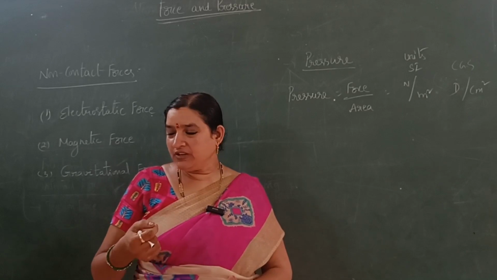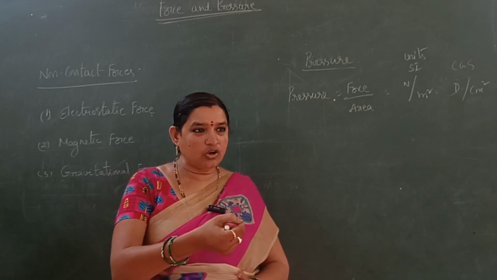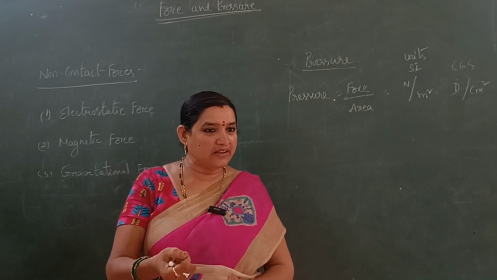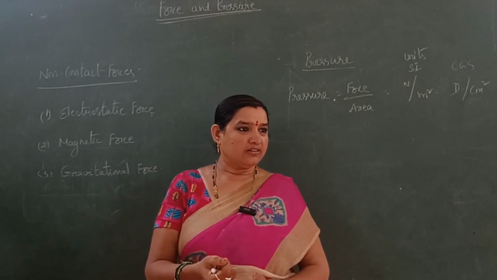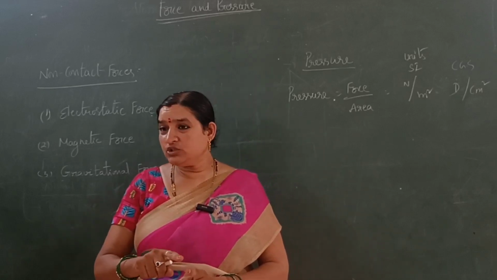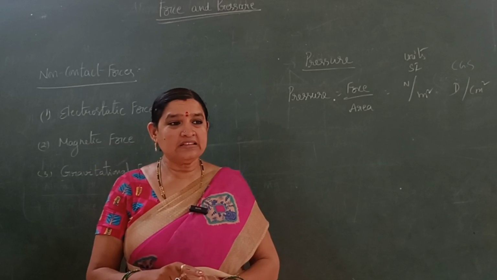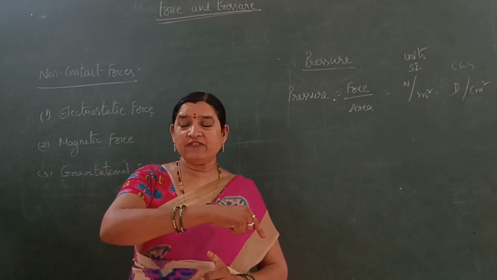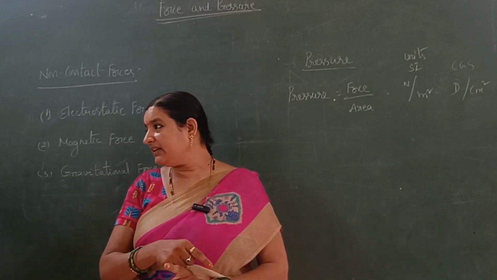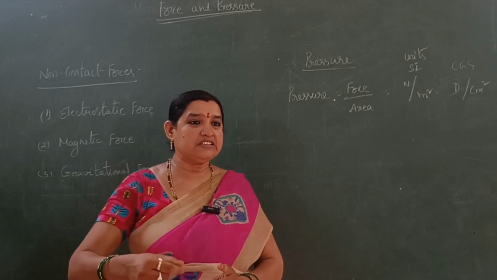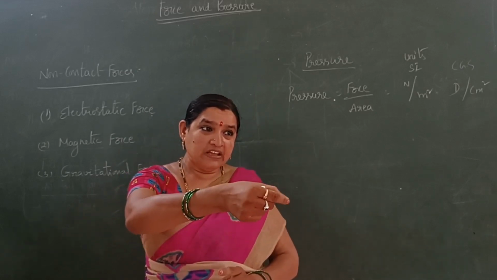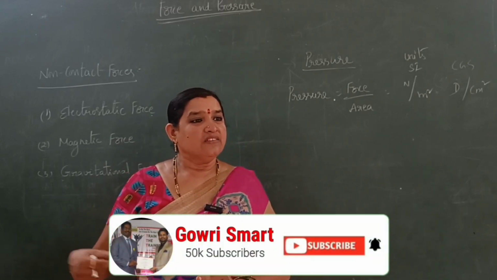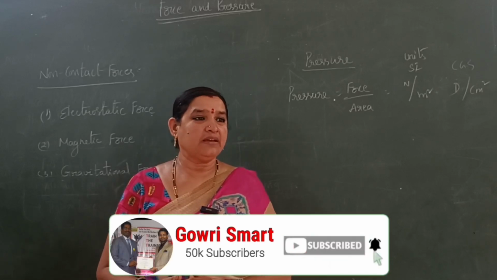Without touching the nail, if you keep it near the magnet, the nail automatically comes and is attracted by the magnet. There is no physical contact; the magnet creates a field around it in three dimensions, and a magnetic substance very near to that field is attracted by the magnet.